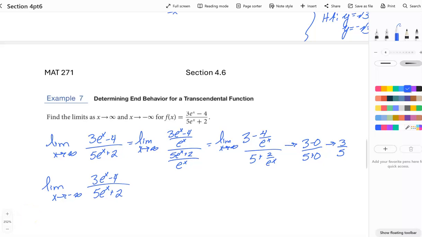So let's think about what this means. If I were to plug in really small numbers like negative 1 million, negative 1 billion, this exponent is going to be negative, right? So I'm going to have 3e, let's just plug in negative 1,000.